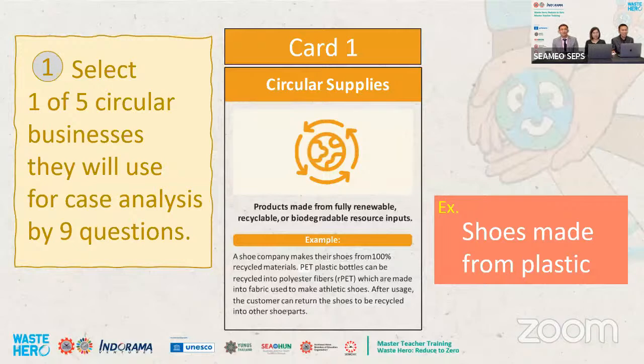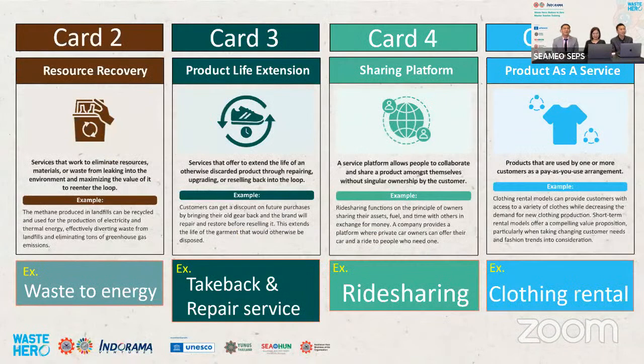For example, card 1, circular supply, is about a product made from 100% recycled materials. Another example is the product as a service card, which is pay-as-you-use products such as the clothing rental that Mrs. Tirada has also mentioned.